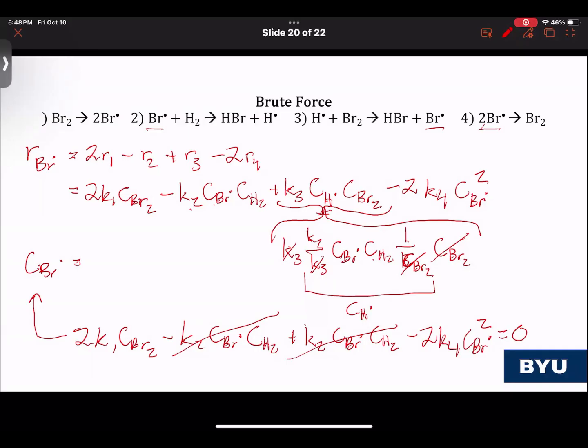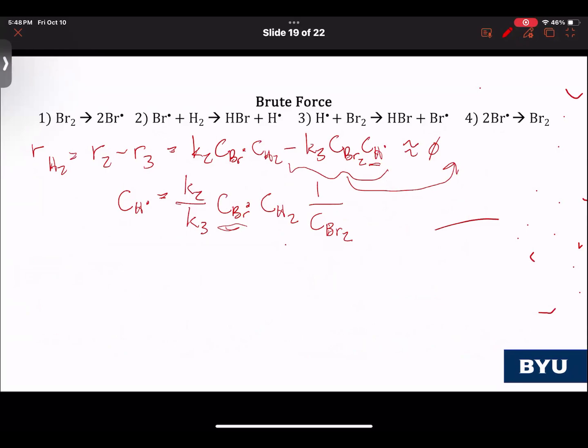Okay, and then C bromine radical is going to be equal to K1 over K4 times the concentration of bromine, as we've seen before. So I have this, and we're not done yet. We've got to go back here and substitute it in here.